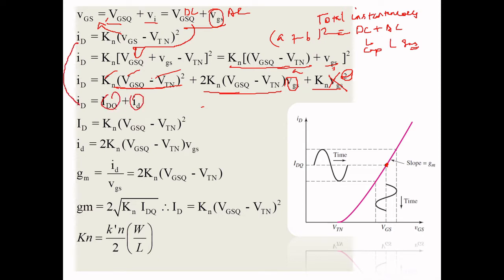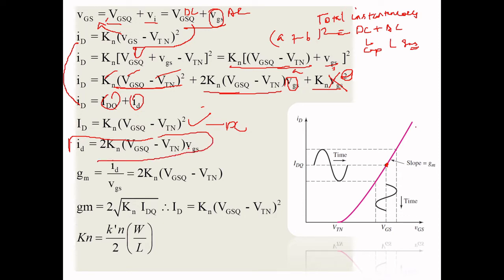From here, the master equation: capital ID is nothing but Kn (VGS minus VTN) whole square. This is for DC. And from here I write small id equal to 2 Kn (VGS minus VTN) into vgs. Here it is very interesting to see the transconductance from this obtained equation.